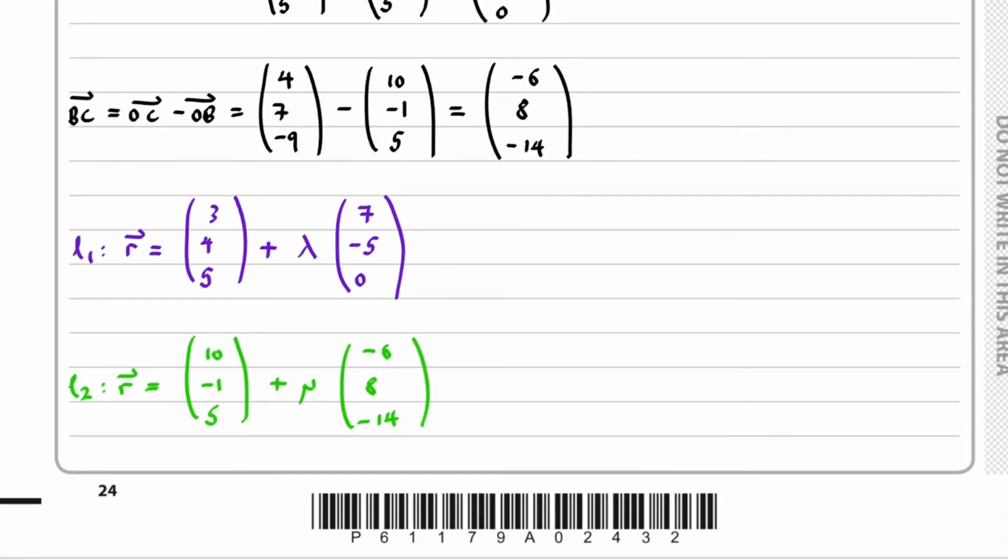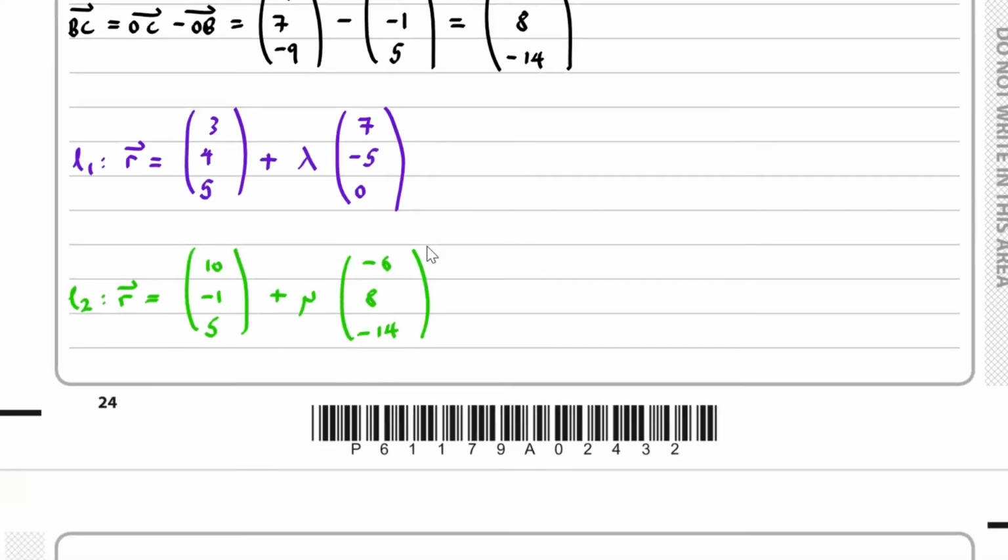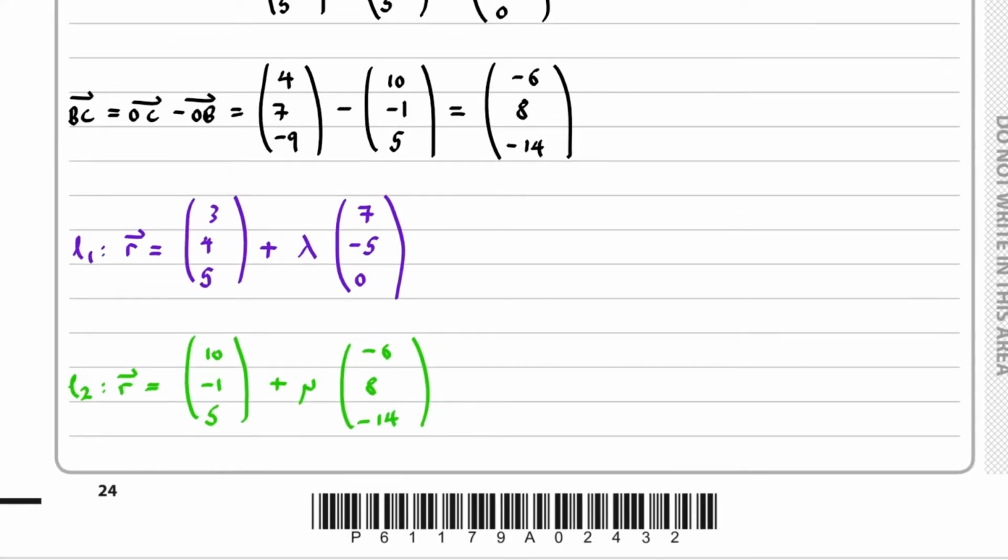Now these lines intersect this plane pi. So you can see over here that the general point r on L1 we can also rewrite as (3 + 7 lambda, 4 - 5 lambda, 5 + 0 lambda).